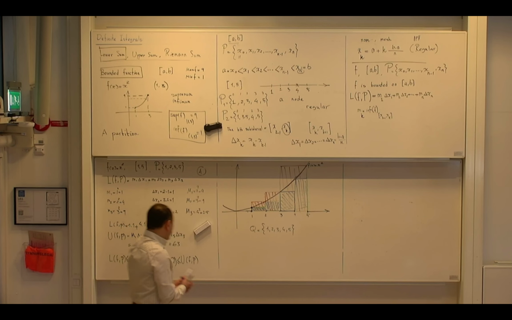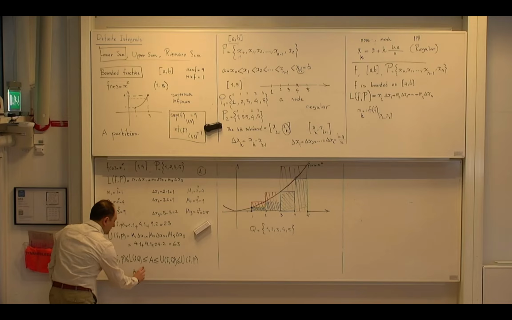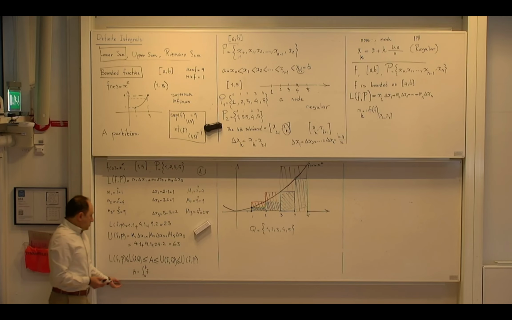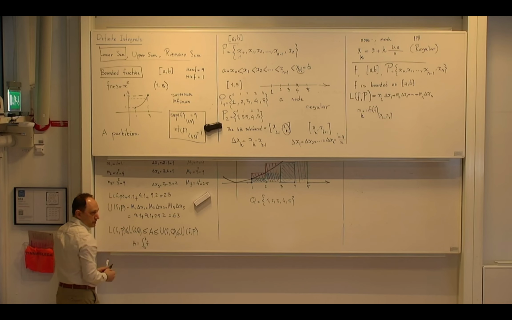We say that A is the definite integral of the function f over the interval from a to b. So we denote it by this symbol. In this case, it is clear that this number is one unique number which lies below every upper sum and simultaneously above all lower sums. This is the motivation of defining the integral of a function.